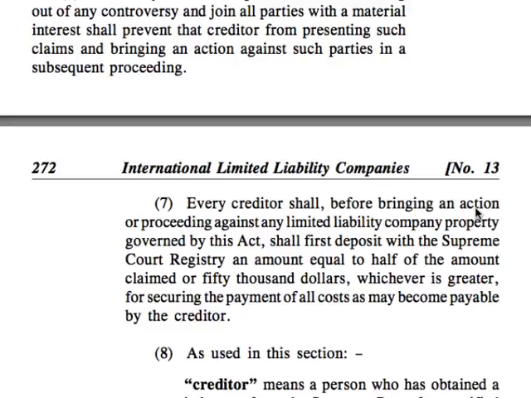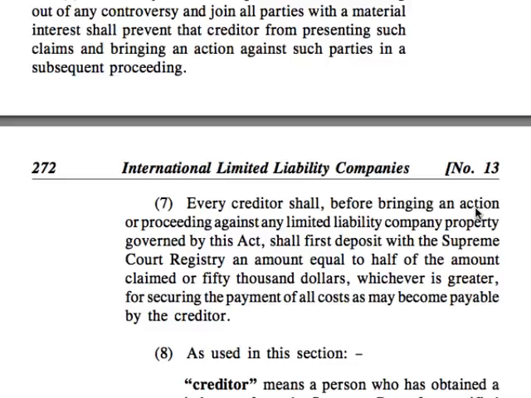Shall deposit with the Supreme Court Registry an amount equal to half of the amount claimed, or $50,000, whichever is greater, for securing the payment of all costs as may become payable by the creditor. Well, my goodness, what have we got here? This is amazing. If somebody wants to go after your LLC, they're going to have to post a bond.